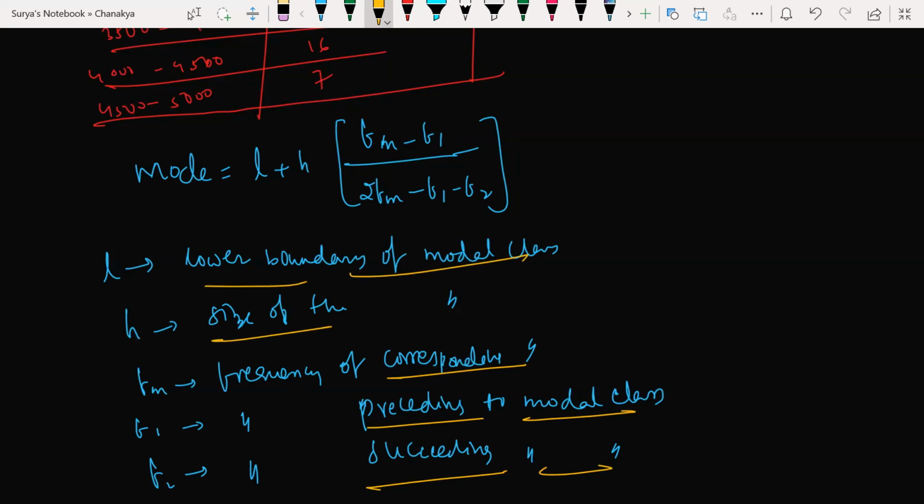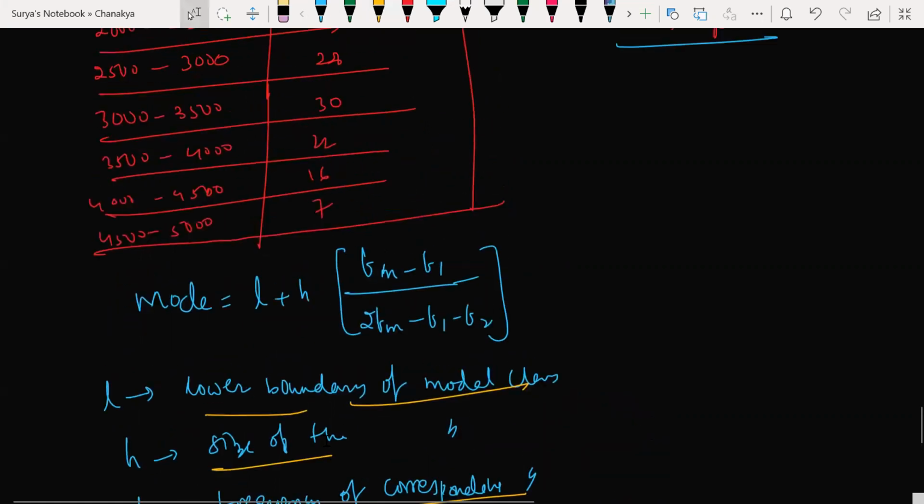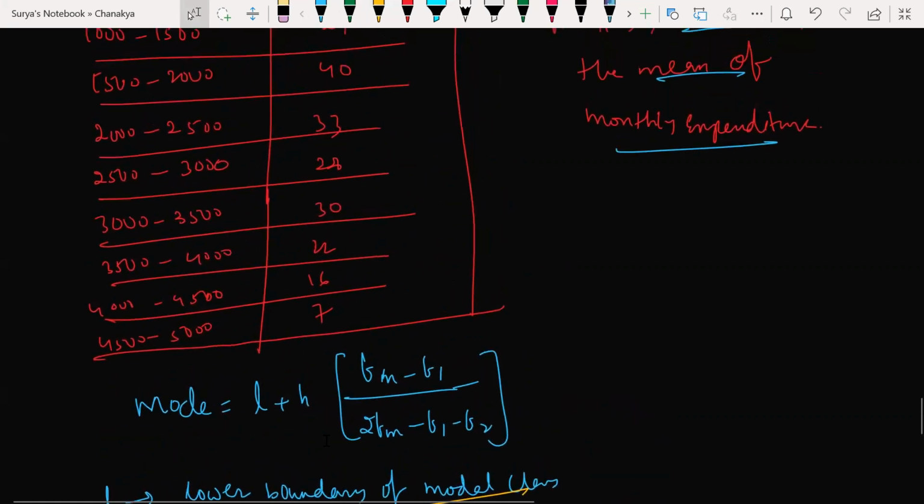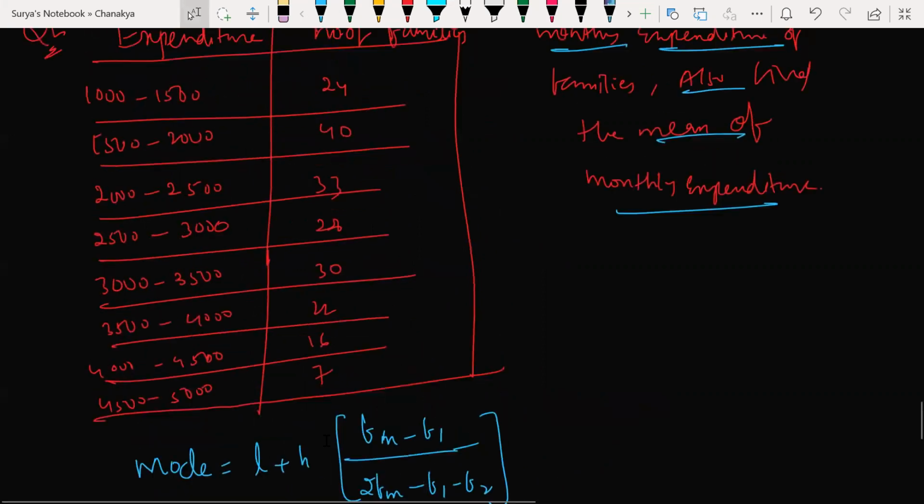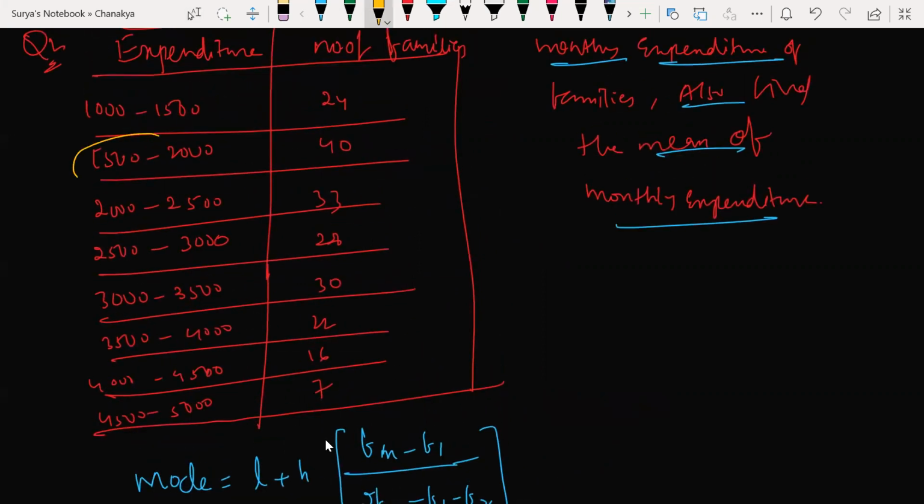First, you need to find the modal class. How do you find it? The highest frequency, exactly. This is my modal class.